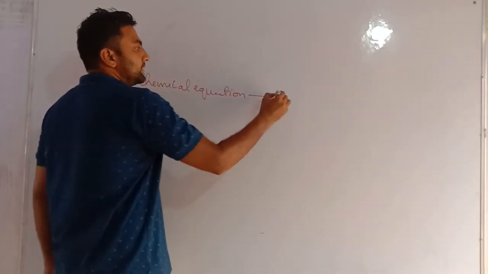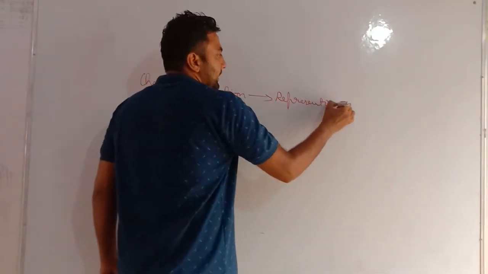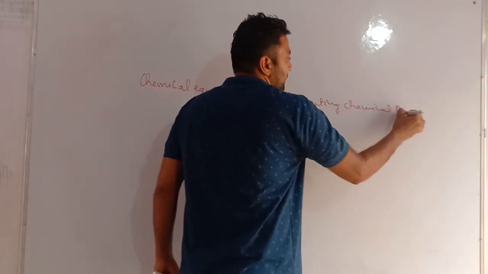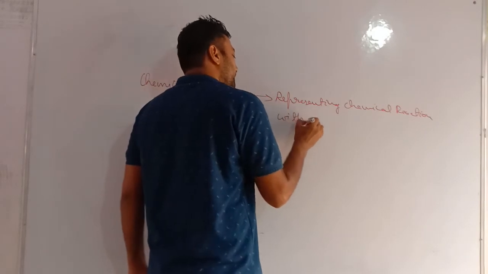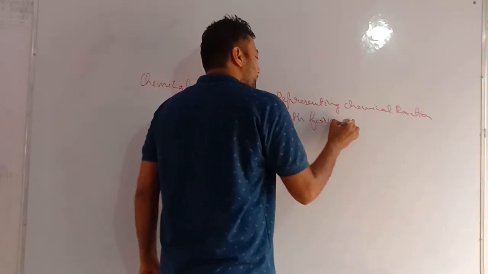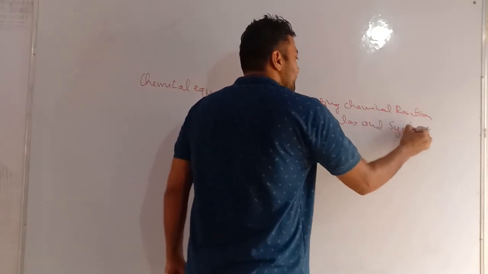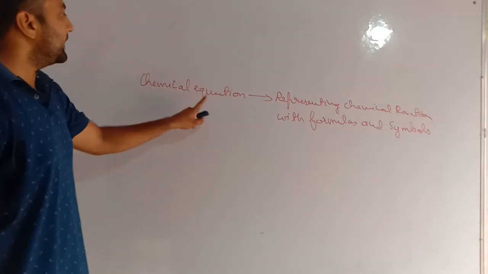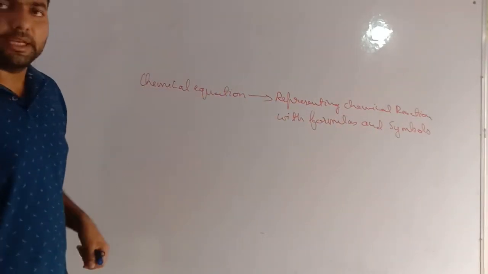A chemical equation is representing a chemical reaction with formulas and symbols. If I represent any chemical reaction with formulas and symbols, then it is called a chemical equation.